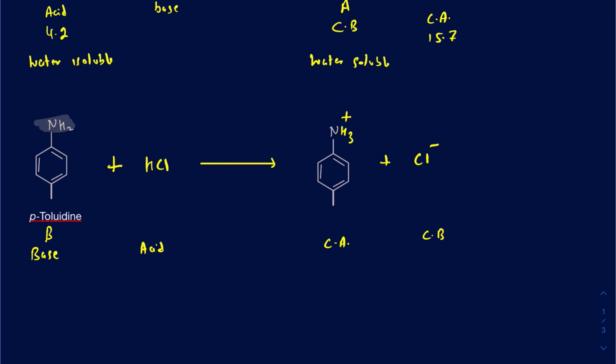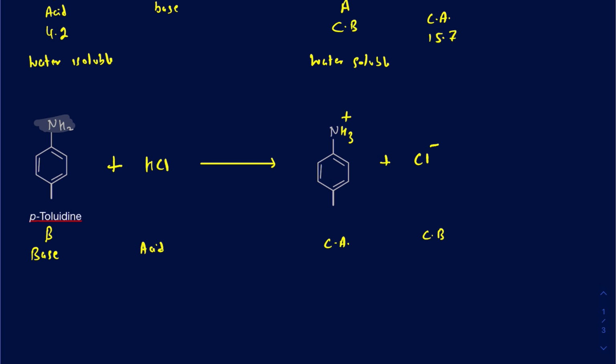So as a result, this will be shifted completely to the right side, and we would have made this ammonium salt here. So I'm going to be calling this B plus, just as a reference, because I called this compound originally B. So once it gets protonated, it's going to be B plus.